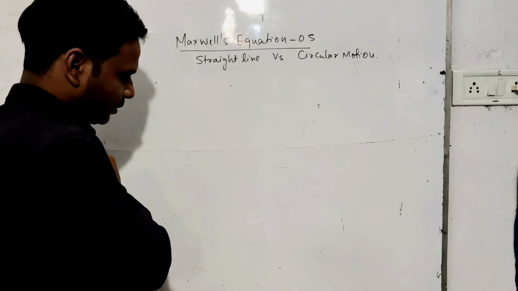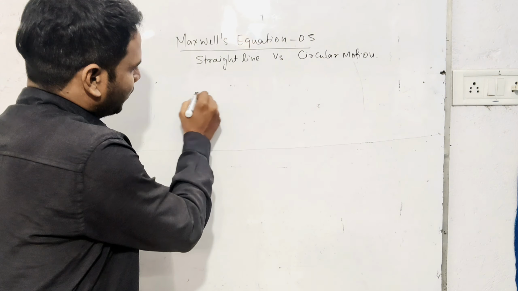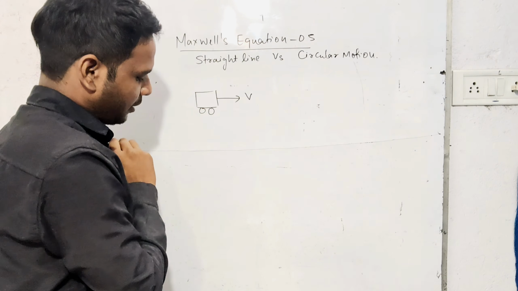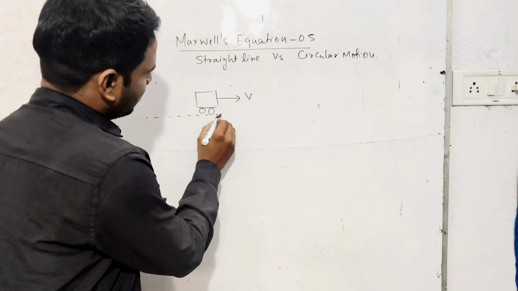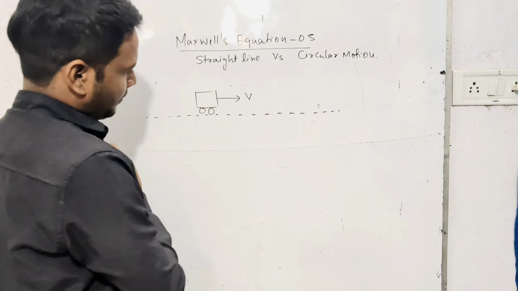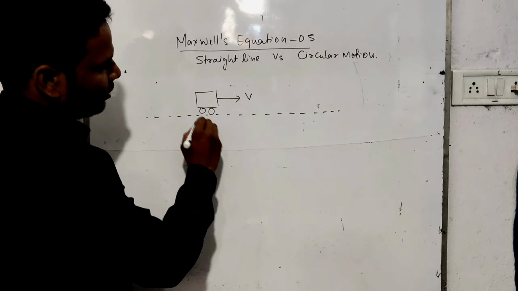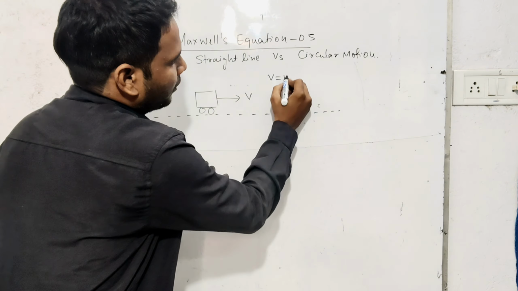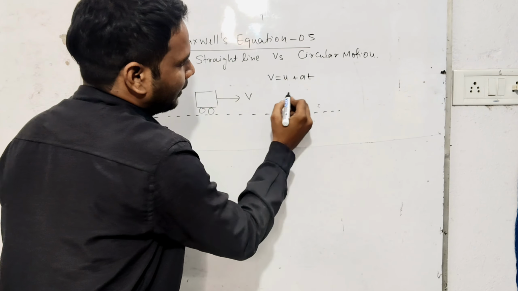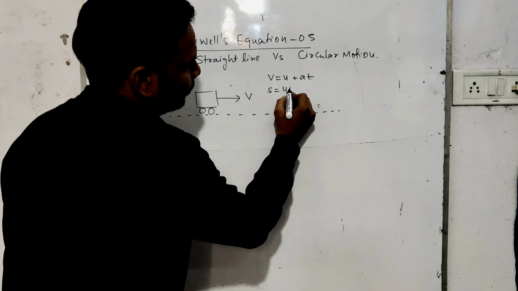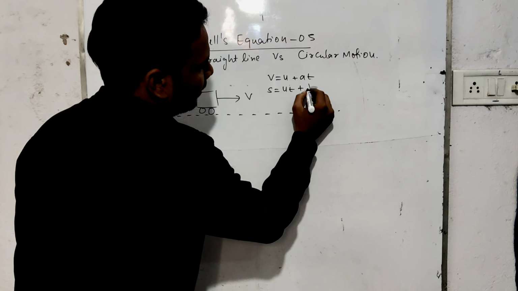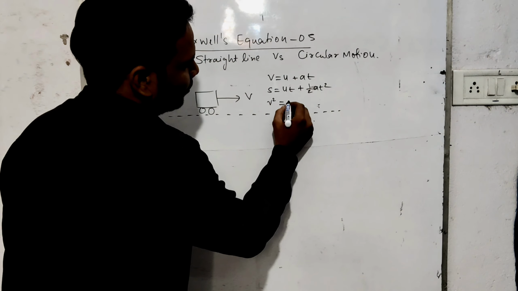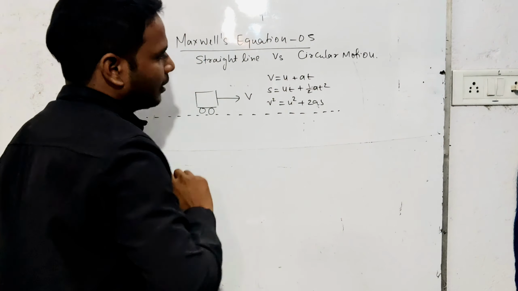Straight line motion means suppose an object is moving in this direction with some velocity v on a straight line. Then the equations we learned in our last class, v = u + at, s = ut + half at square, and v square = u square + 2as, are applicable.